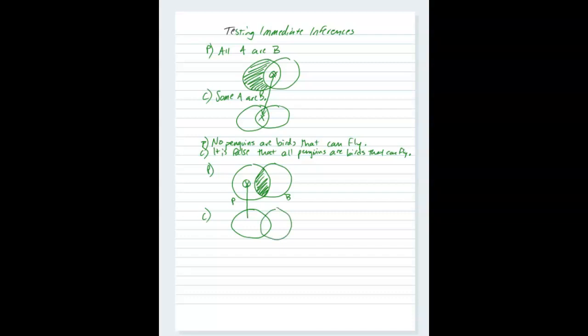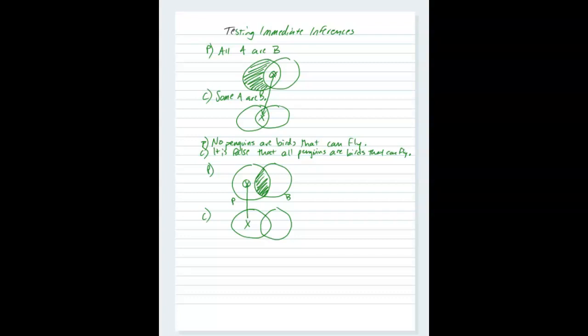The conclusion is a statement that begins with, it is false that. And as we saw in the previous video on Venn diagrams, in order to diagram a proposition that begins with, it is false that, you must diagram the opposite of that proposition.